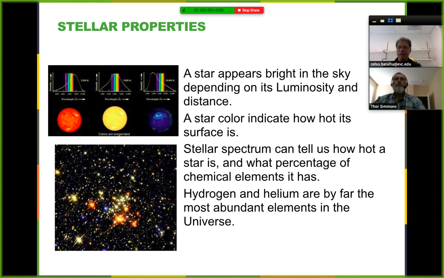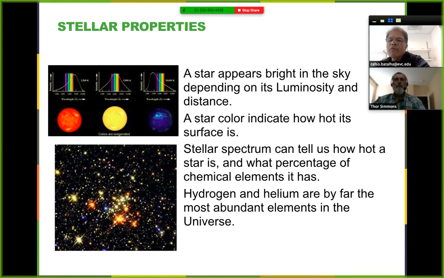So why is that? How bright a star appears in the sky depends on its luminosity and distance. The star's color indicates how hot its surface is. This is Wien's law, which is highlighted in this chapter. In the top figure on the left-hand side, this is more or less indicated.